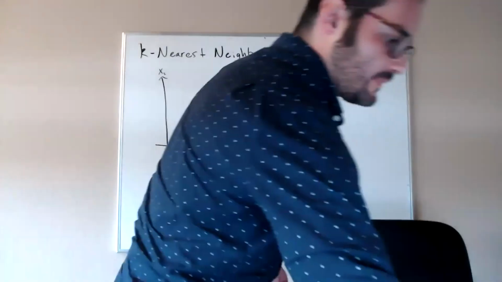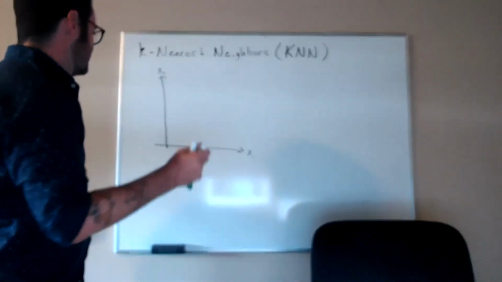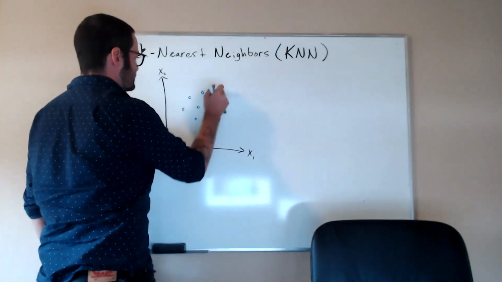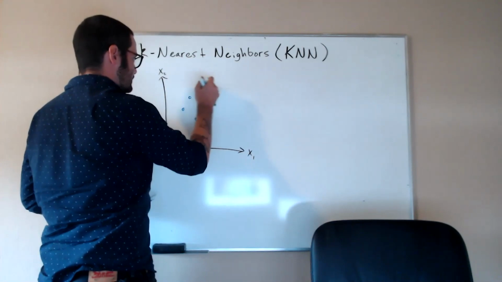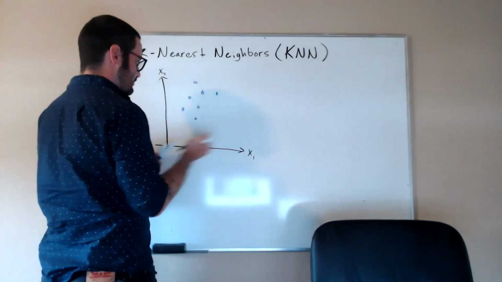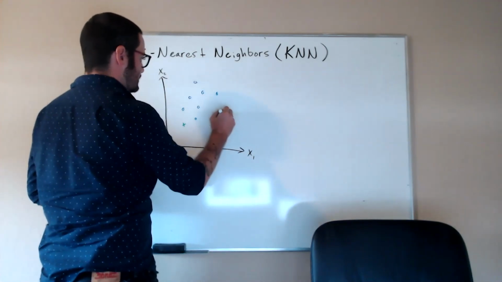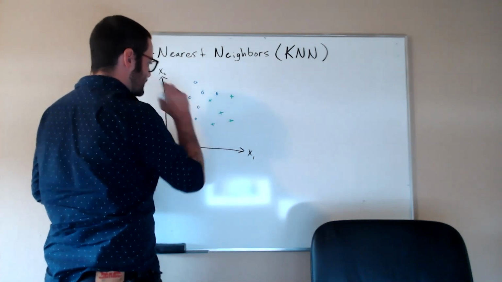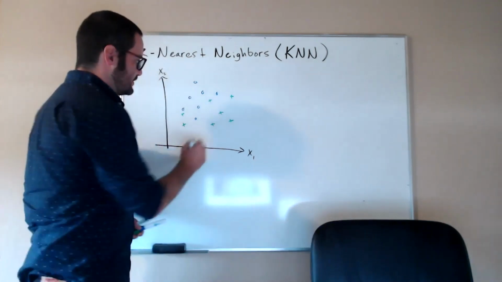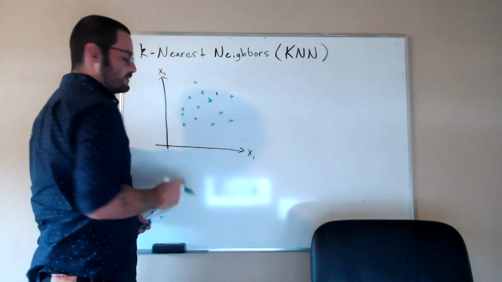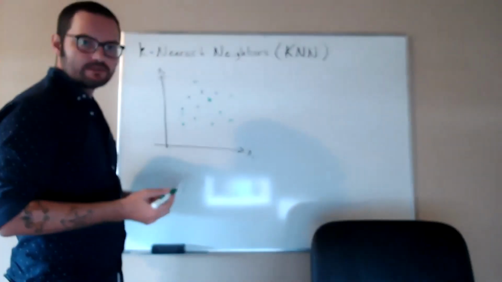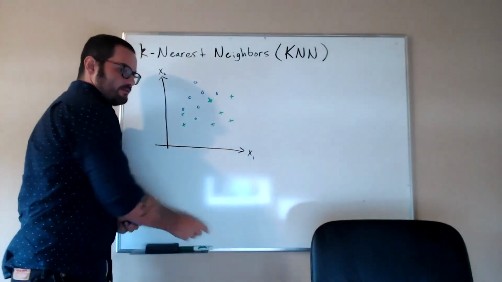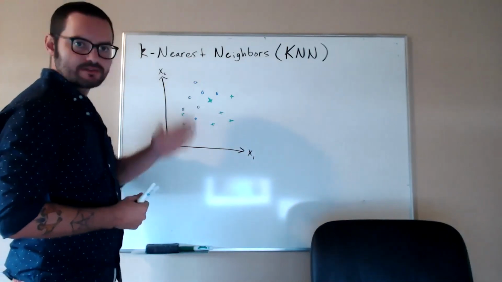And we have our labeled data that appears maybe something like this, some blue data, and then we have some green data. And notice that this data is not necessarily linearly separable. In fact, it's not linearly separable. So we cannot find a line to cut this data into two pieces.